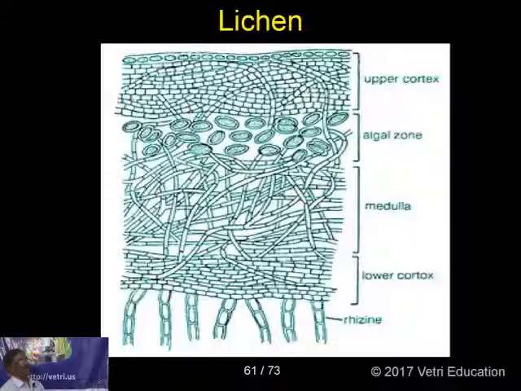There you can find an algal zone with algae only, the medulla made up of fungal partners and the lower cortex made up of fungus. So the majority is fungus, only a little part is algal, but they are separated into different zones. And some fungal hyphae form rhizoid-like structures. These are called rhizines.